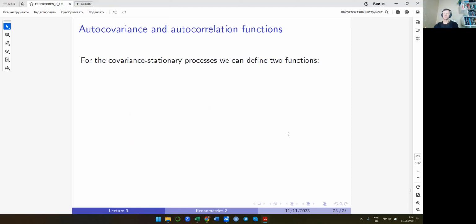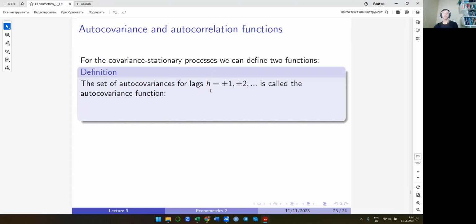The next concept is the autocovariance and autocorrelation function. So for covariance stationary processes, so when there is weak stationarity, we can define two functions. One function is the set of autocovariances for lags plus minus 1, plus minus 2, etc. It is called the autocovariance function.